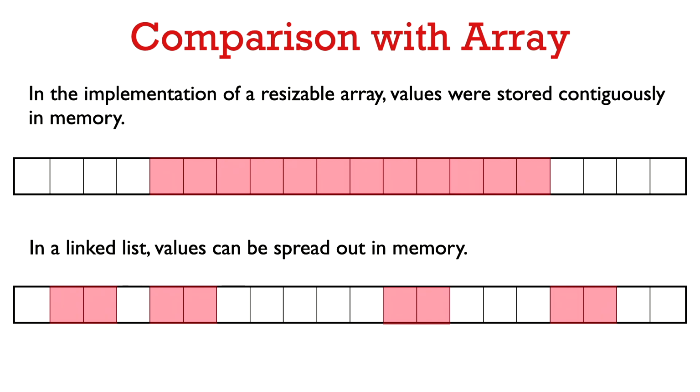When we add new elements to a linked list, we don't have to change the memory locations of the existing elements. But we do have a new issue. We need a way to link together all these values spread out in memory. That's the origin of the name, linked list.